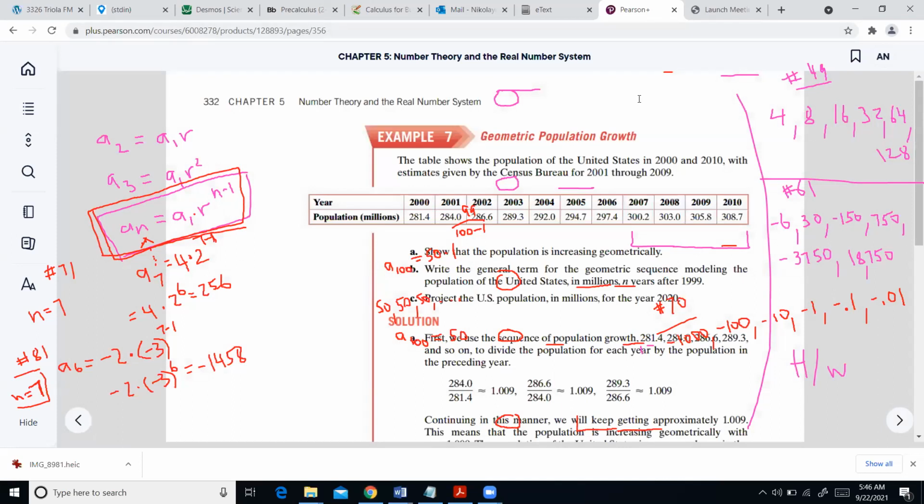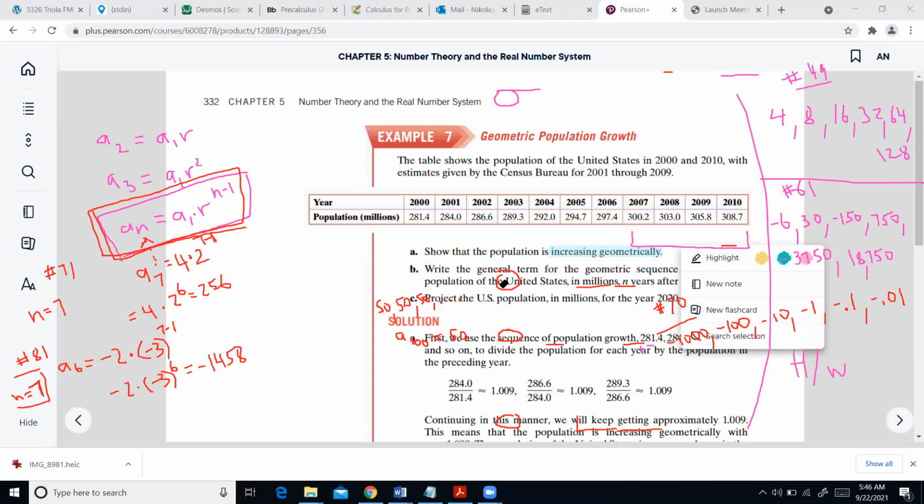For example, let me take a look at an example so we can see where it's used. The population grows. So population just keeps on increasing geometrically. So here's one of the examples. So you start someplace and then you get more people and more people.